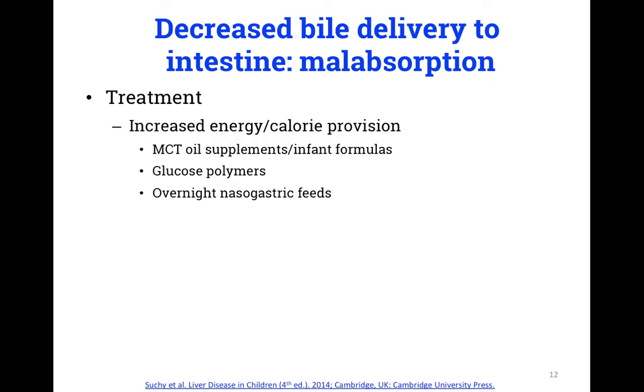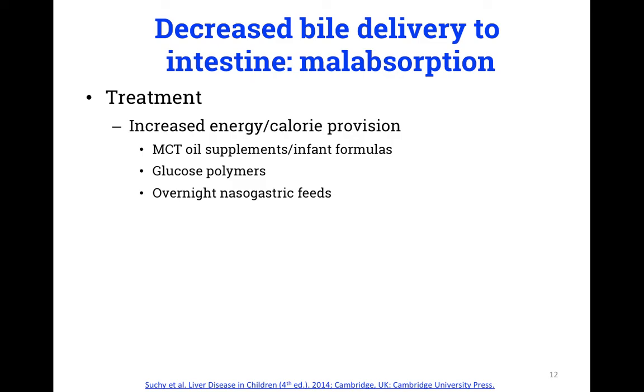So the first option here is to use medium chain triglycerides, that's MCT, and these are dietary lipids which actually do not require or are dependent on micelle formation for their absorption, and thus are an important strategy to get extra fat absorption in patients with cholestasis.